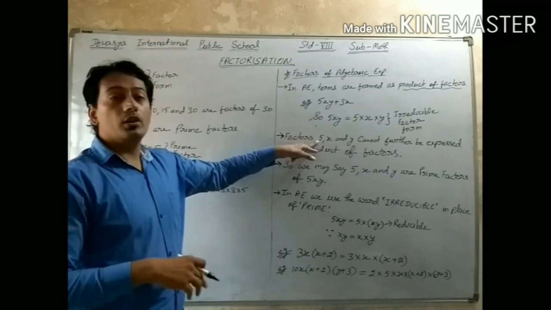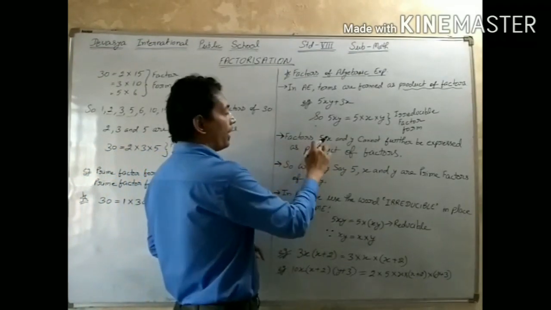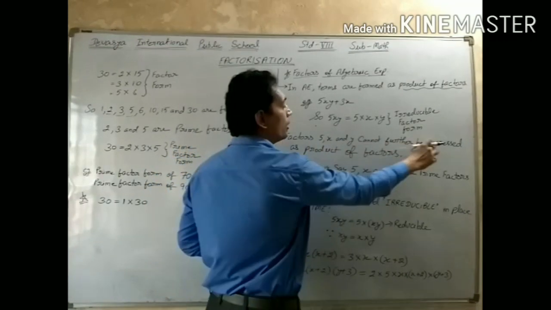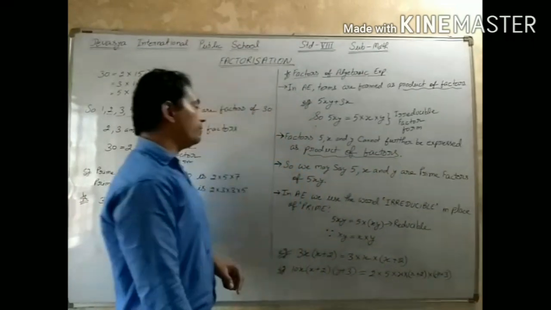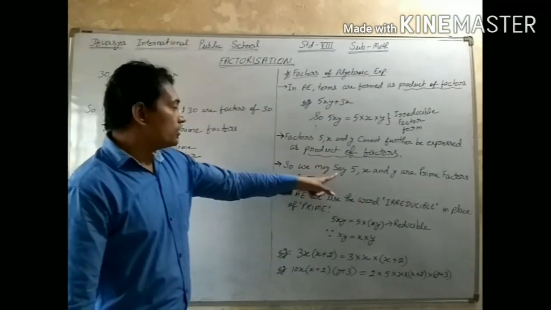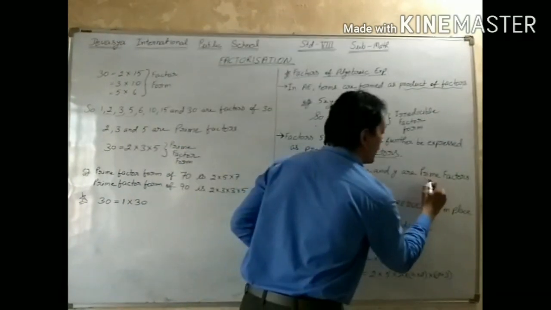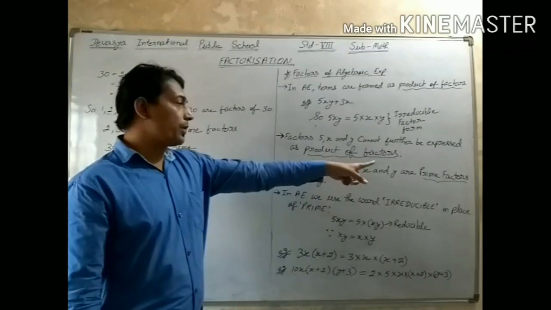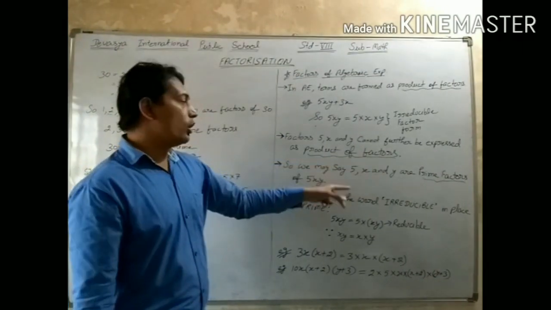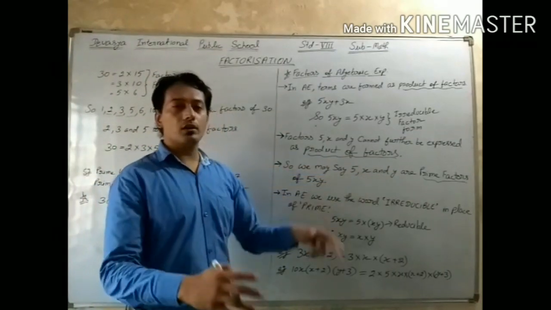They cannot be further reduced. So the factors 5, x and y cannot be further expressed as a product of factors. Fine? And so we may say that 5, x and y are prime factors of 5xy, because the number 5 and these two variables x and y cannot be further reduced.